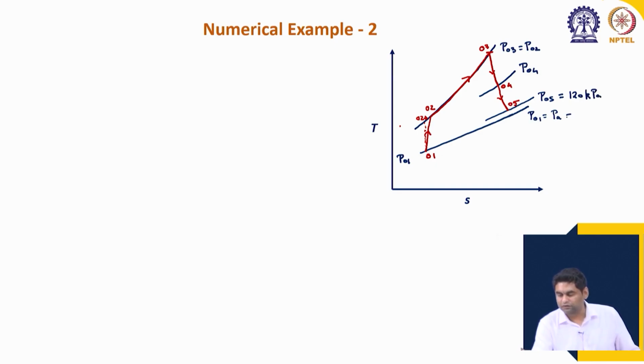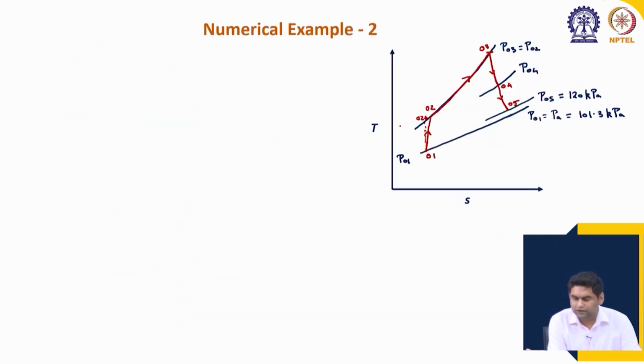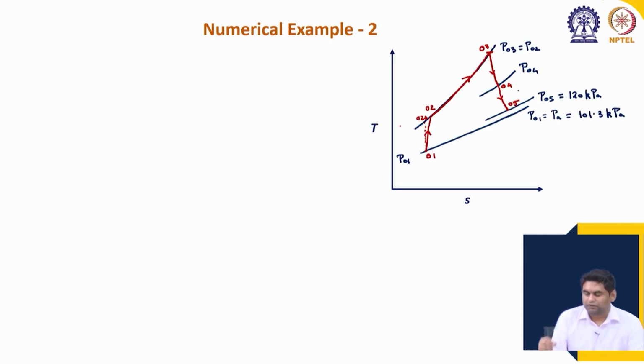And this P01 is equal to 101.3 kPa. So, this is our TS diagram. So, you can see that the process from 03 to 04 is the high pressure turbine process. So, it occurs at a higher pressure, and from 04 to 05 this occurs at a lower pressure. So, this is the low pressure turbine process.